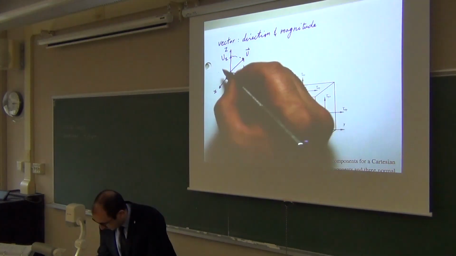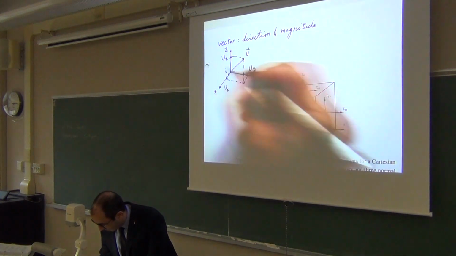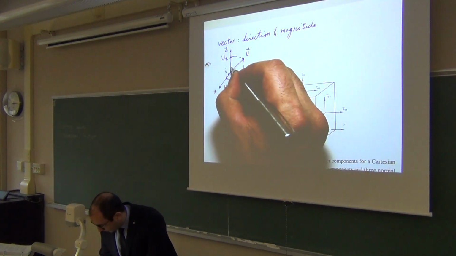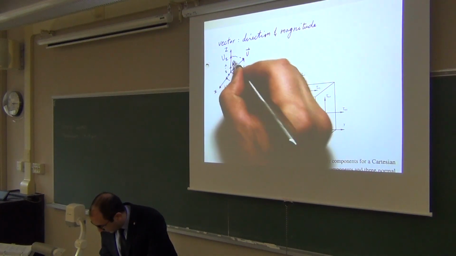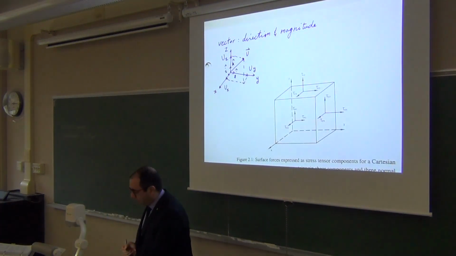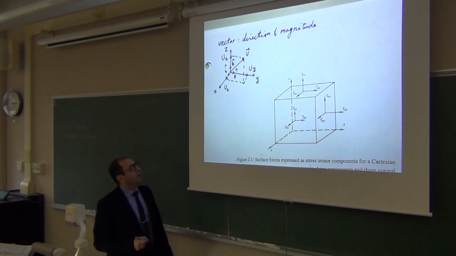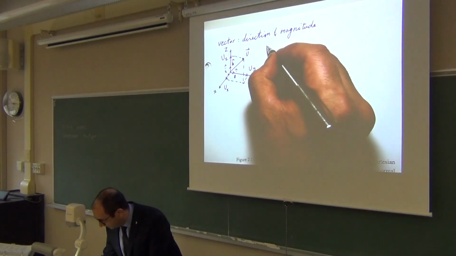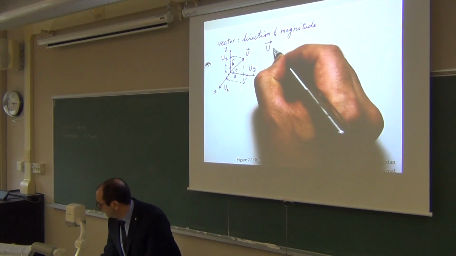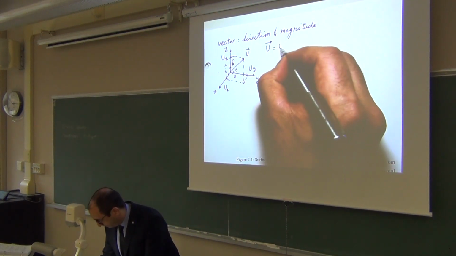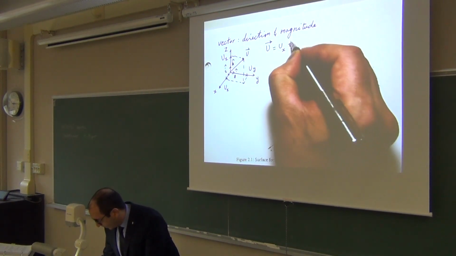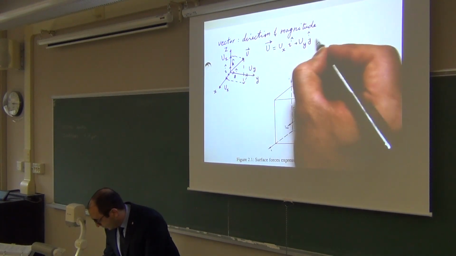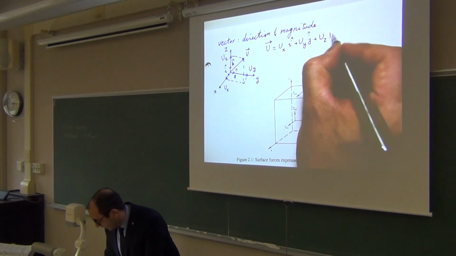And you can express the same vector using unit vectors in the Cartesian system. Unit vectors, sometimes we put a hat on them, i, j, and k, so you could express u as ux i plus uy j plus uz k.